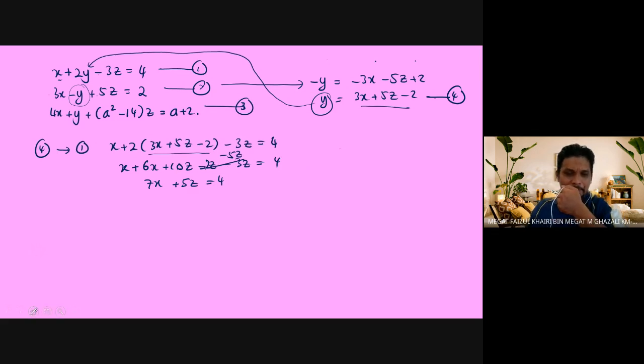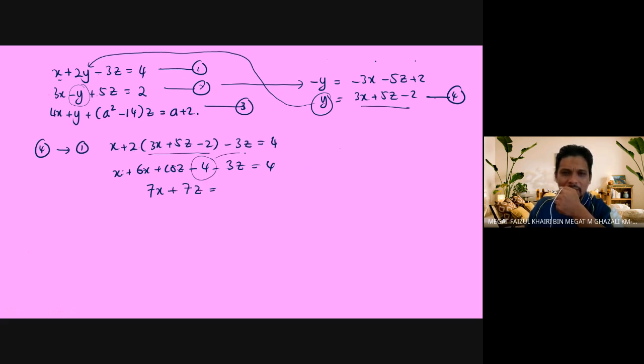Wait, wait, wait. Saya cuba nak tengok sebab dia punya tirusan tu bertindih-tindih. Okay, x plus 2 times 3, 6x, 2 times 5, 10z, and 2 times negative 2, minus 4. Minus 3z equal to 4. So x plus 6, 7x. 10 minus 3, 7z.